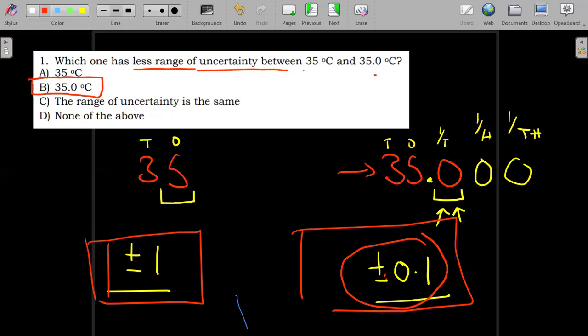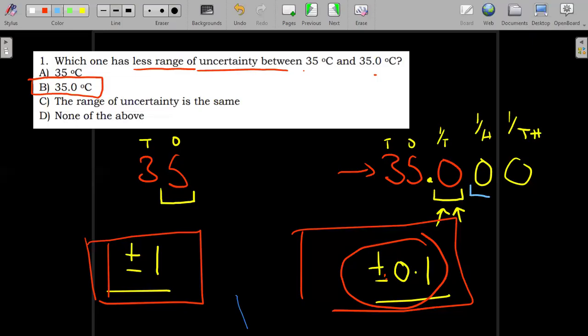Sir, I have a question. Yes. For the 35.000, the one on the right, we fixed the 1/10. Suppose the uncertainty was supposed to be the 1/100, how are we going to write it in terms of plus or minus?